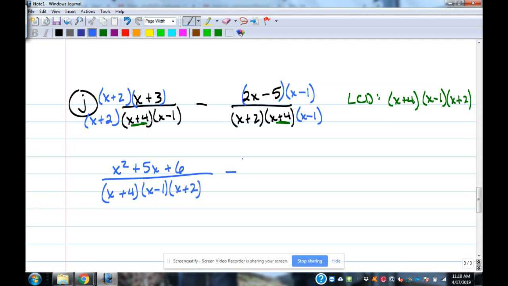Minus, and then I'm multiplying out 2x minus 5 times x minus 1. That'd be 2x squared minus 2x minus 5x, which is minus 7x, minus 5. And then the bottom part's x plus 4, x minus 1, x plus 2.